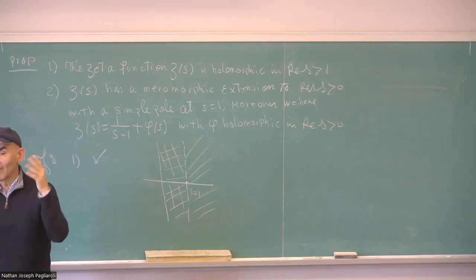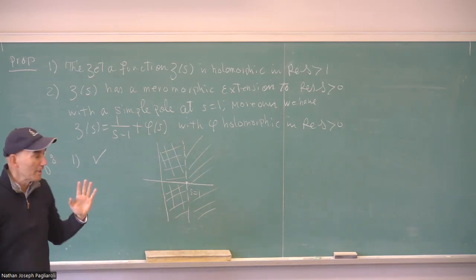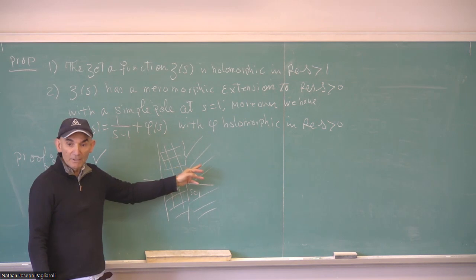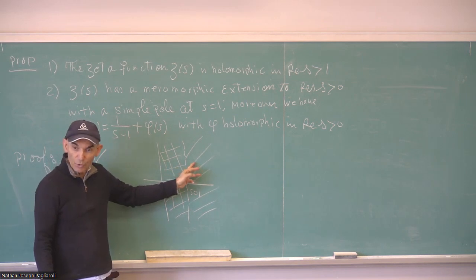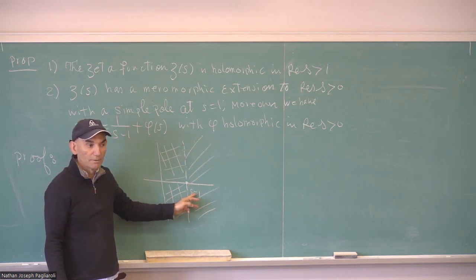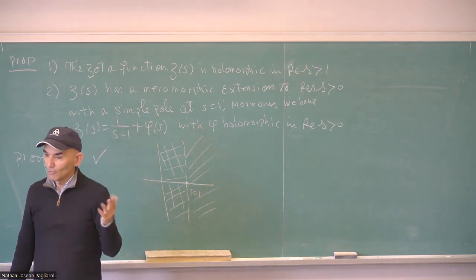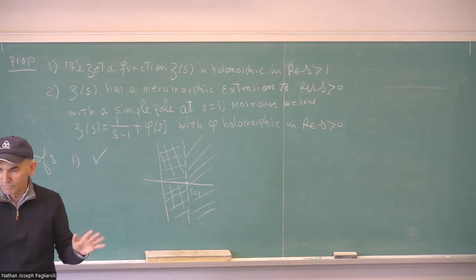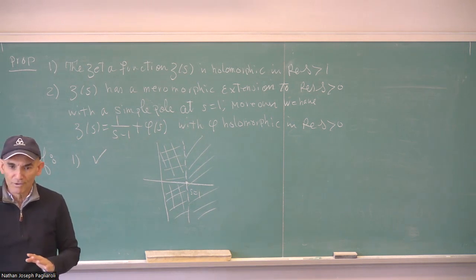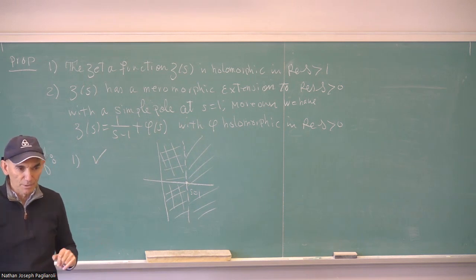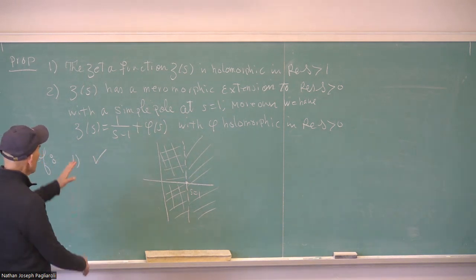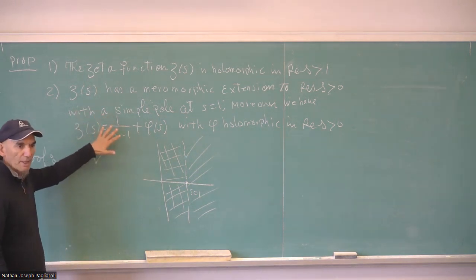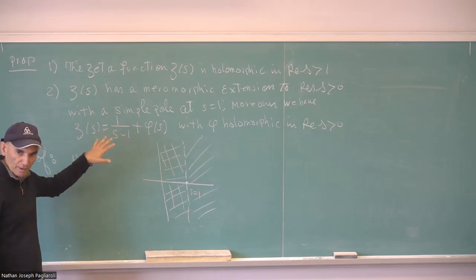So I'm not sure what happens exactly in terms of convergence, but certainly the function zeta has a limit as you approach this line, everywhere on this line except s equals 1. That's a good question to investigate, but that's not what we are claiming here. We want to prove something else.